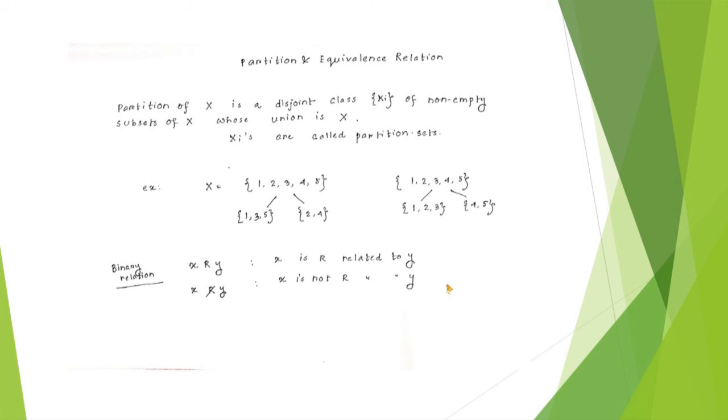For such a binary relation, x R y symbolizes the assertion that x is related to y by the relation R, or x is R-related to y. And whenever we write x not-R y, that is the negation. This says that x is not related to y by the relation R, or x is not R-related to y. We write that symbol like that, x R with a cross y.